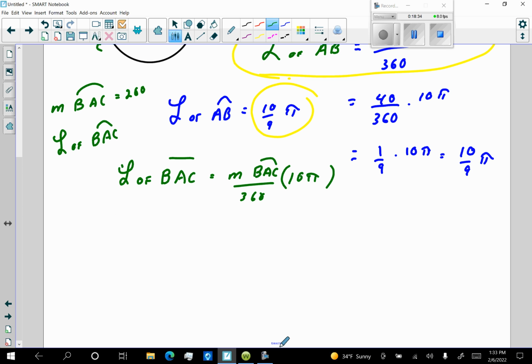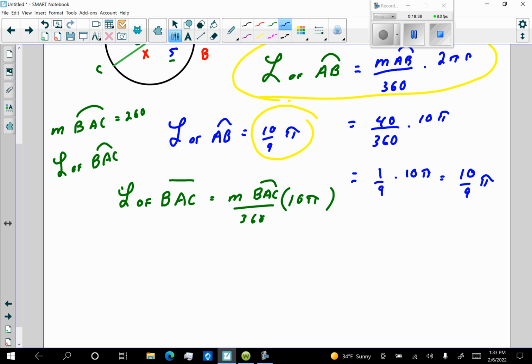And so now, the measure of BAC is 200, divided by 360 times 10 pi. So we're just going to reduce this fraction. If I'm not mistaken, 200 divided by 360 is going to be 5/9 this time.